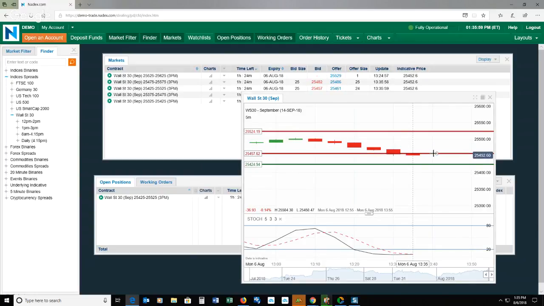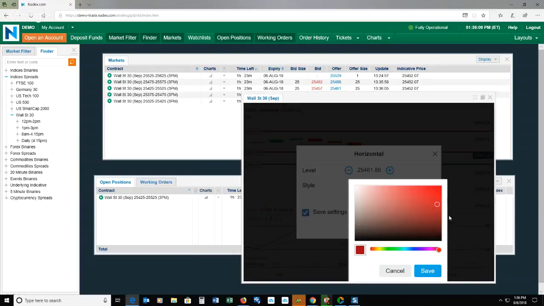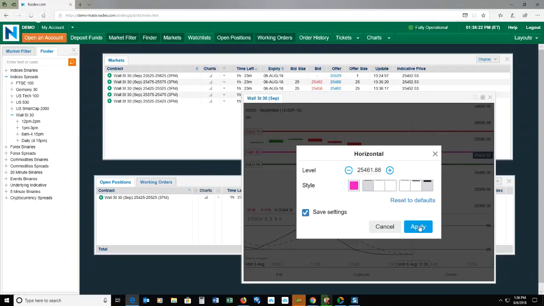And it's not there. It's just about there. And this one we'll make pink because we don't have a lot of colors here to select.